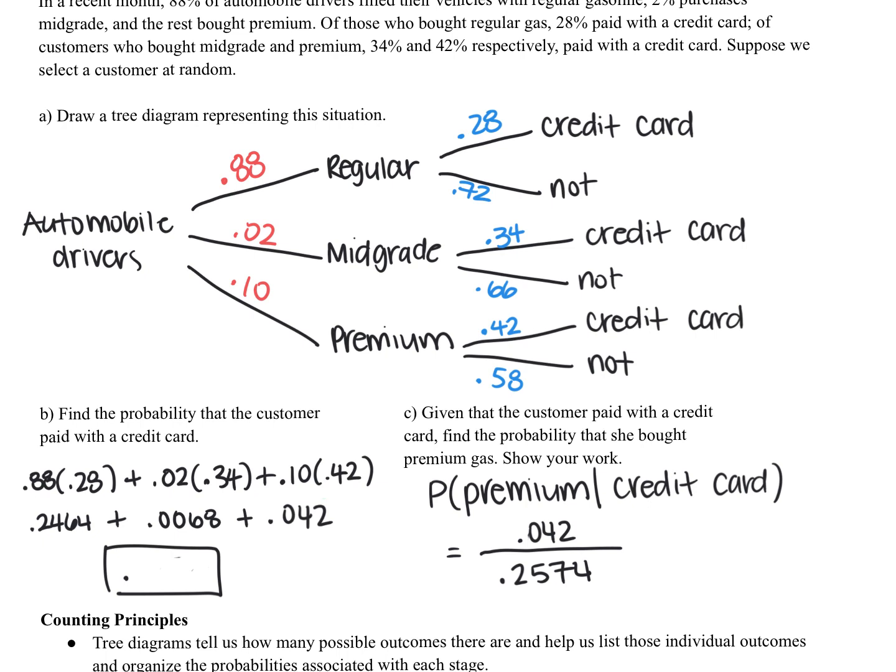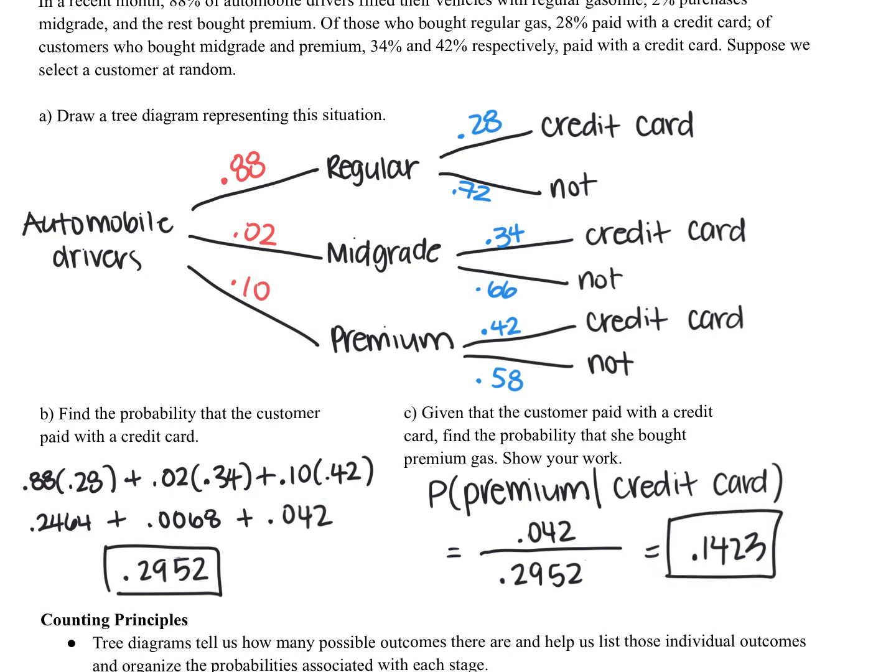So 0.2464 plus 0.0068 plus 0.042 is going to be 0.2952. So now we're doing 0.042 divided by 0.2952. So we'll get 0.1423.